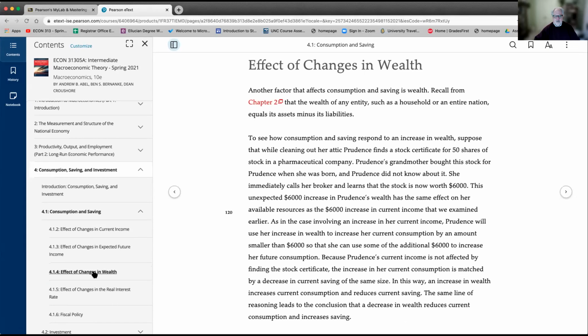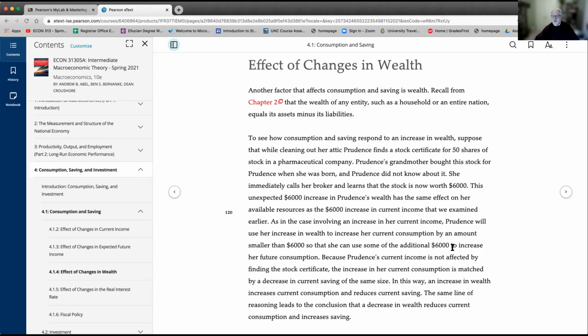Now, what's the effect of changes in wealth? Well, one of the ways you can think about wealth is winning the lottery. I'm going to take an extreme version of that. You get an inheritance, whatever. So you're probably going to increase your consumption today, right? If that happens, but your income hasn't changed.